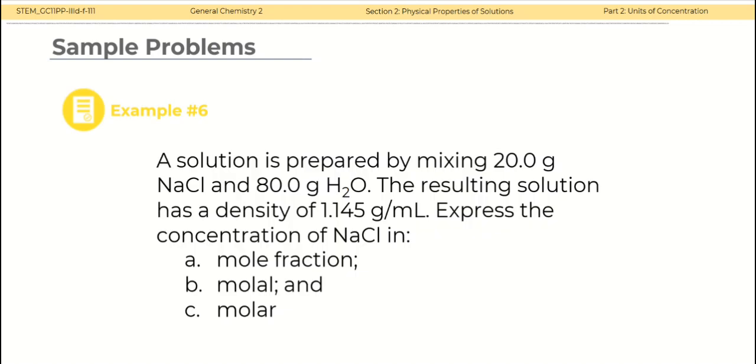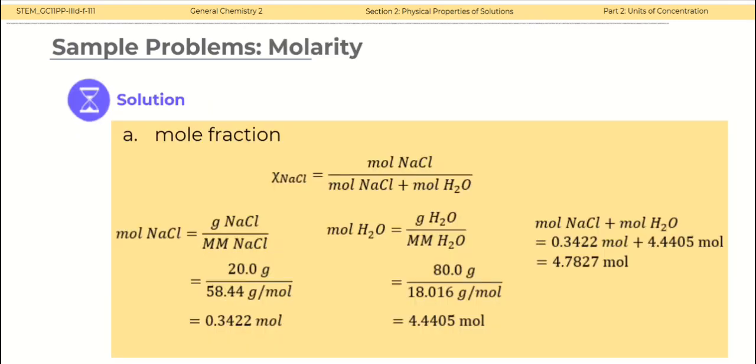A solution is prepared by mixing 20.0 grams sodium chloride and 80.0 grams water. The resulting solution has a density of 1.145 grams per milliliter. Express the concentration of sodium chloride in mole fraction, molal, and molar. Solution.